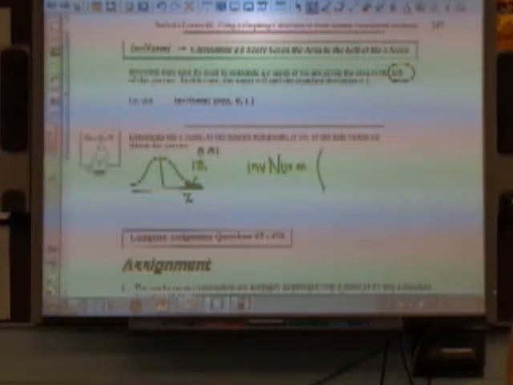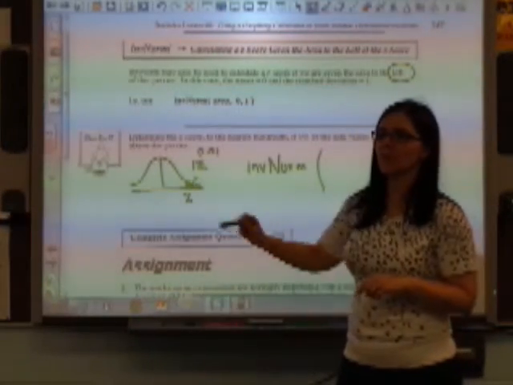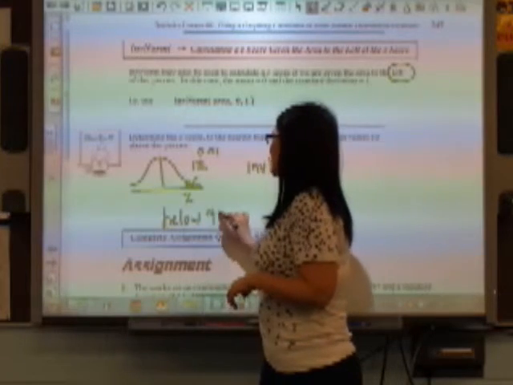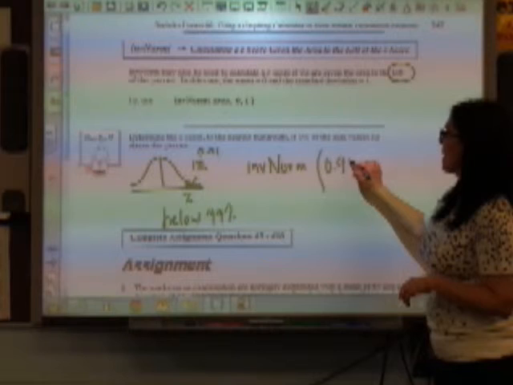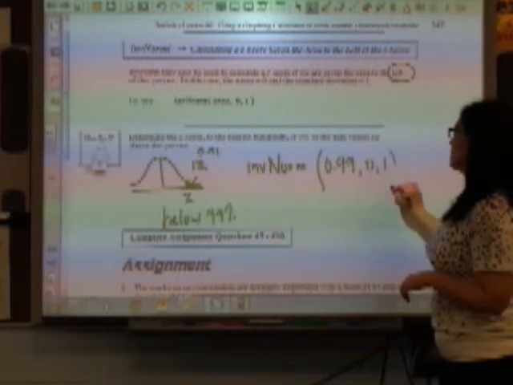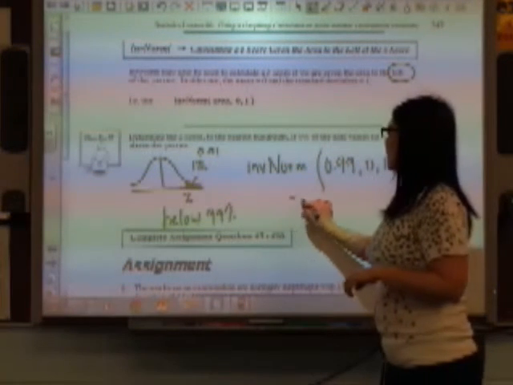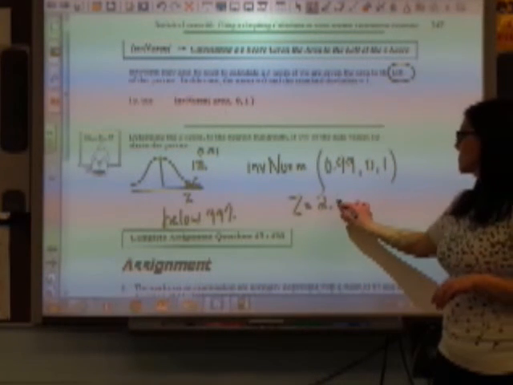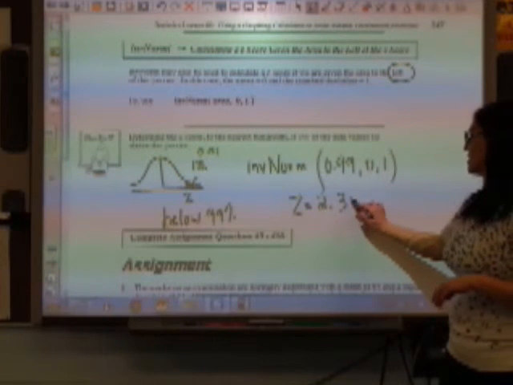Area to the left. So if 1% is above, what is below? 99. So below is 99%. So my inverse norm should be 0.99, 0, and 1. My bad. So 2.3. So to the nearest hundredth, 2 decimal places, 2.33.